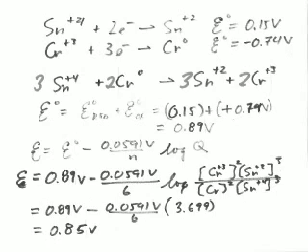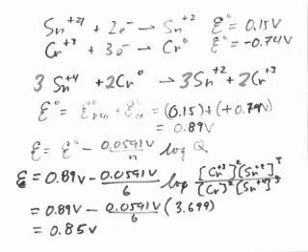The tin is gaining 2 electrons, whereas the chromium is losing 3 electrons. So 2 and 3, we're going to have a 6 electron transfer. That means we're going to need 3 of the tin-4s for every 2 of the chromium atoms, and we're going to get 3 tin-2s and 2 chromium plus 3s as the products.